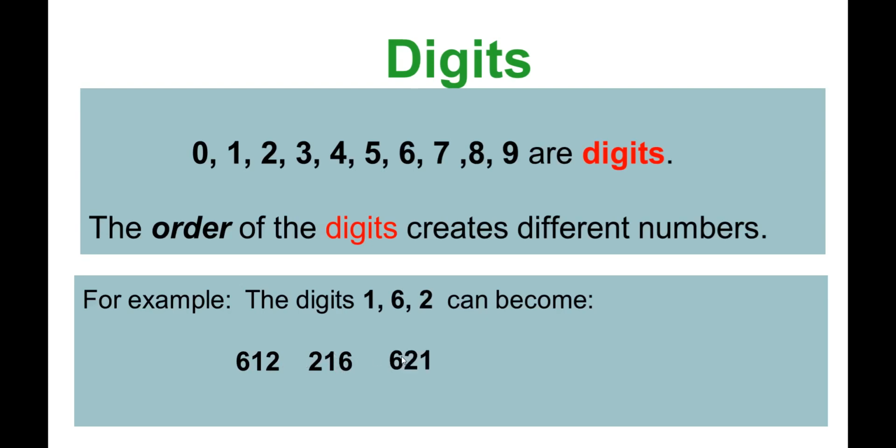Let's take another look. 621. Again, my digits are still 1, 6, and 2. How about another number? 261. Can you think of another number that I can make with the digits 1, 6, and 2? Let's see. Yep, 126 is another number I can make with the digits.